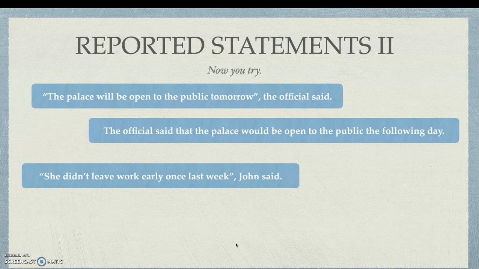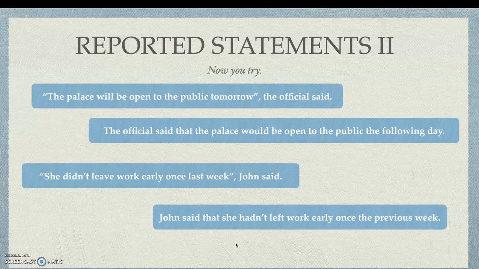So John said that she hadn't left work early once, and last week becomes the week before or the previous week. John said that she hadn't left work early once the previous week or the week before.